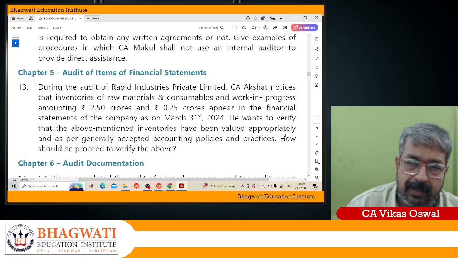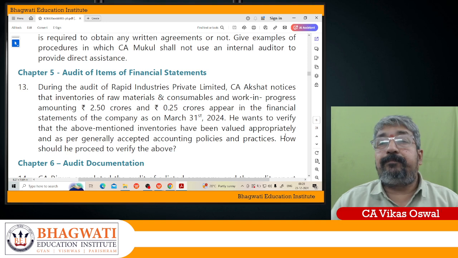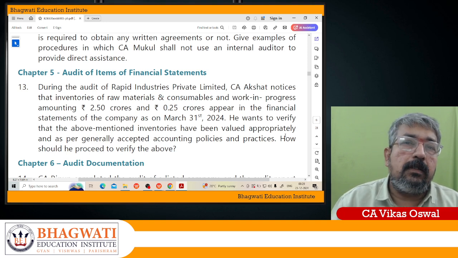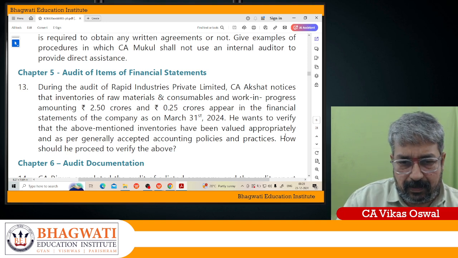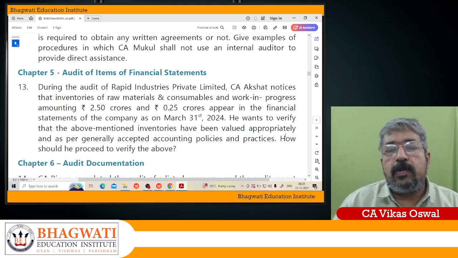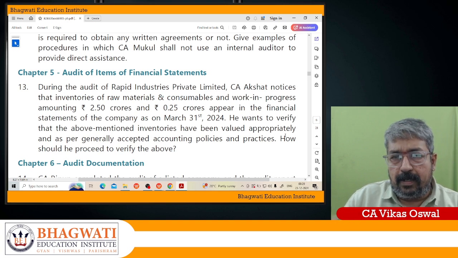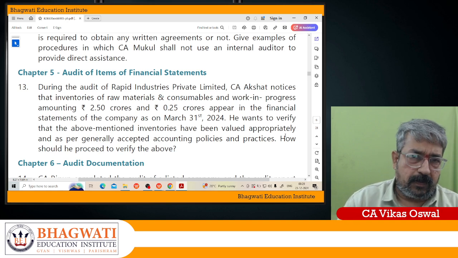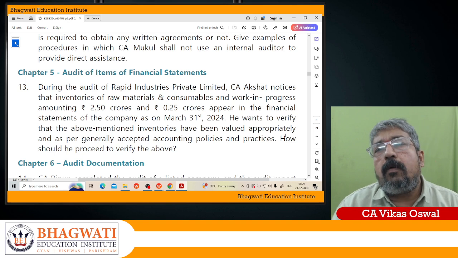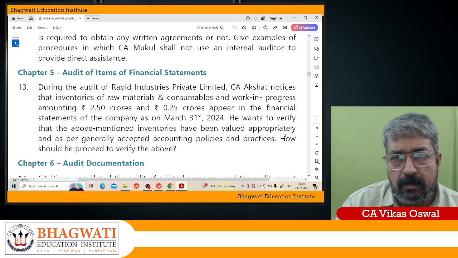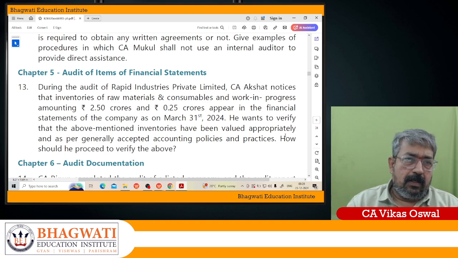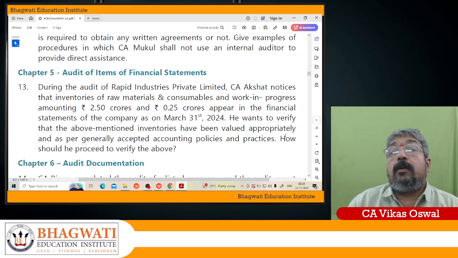So the first and foremost thing is that they are talking about the valuation of raw material and consumables, and finally the work in progress. For raw material and consumables, how does an auditor check the valuation? First of all, what are the elements included in the cost?